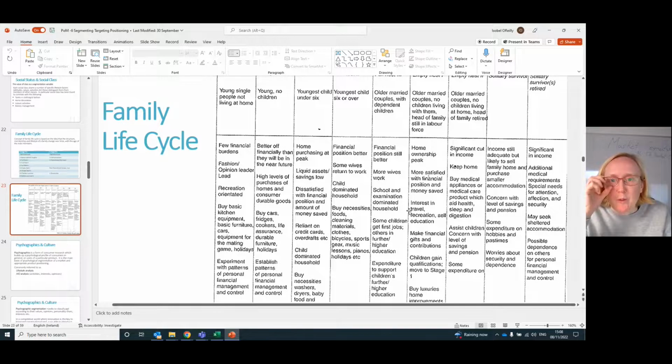If there's only 1 or 2, they probably haven't left yet. Financial position of the couple is usually very stable. They've progressed in their careers, so the passing of time moves across from left to right.